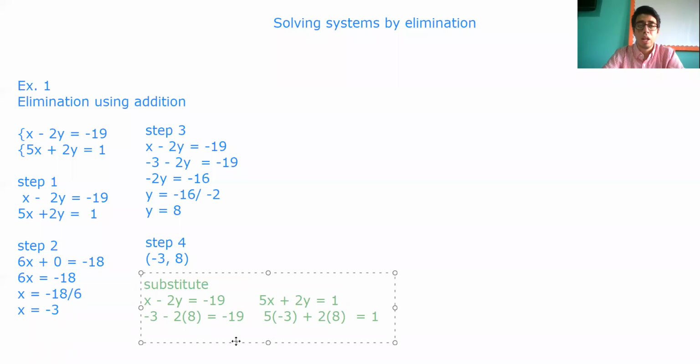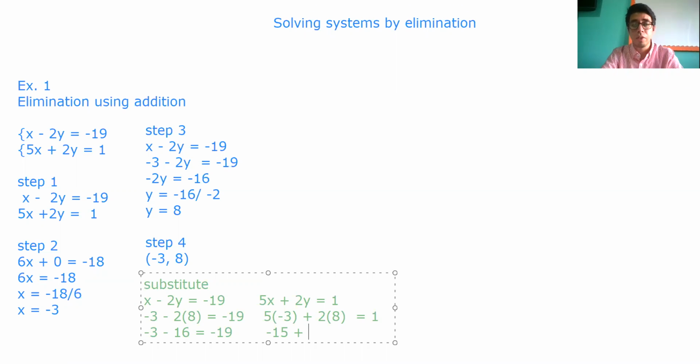So you already know the answer. Negative 3 minus 16. We have this in this one equal negative 19. And for the other one, we have negative 15, x is negative 3, and for the other one, y we have 2.